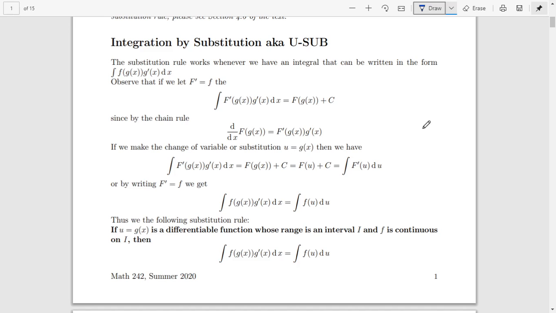If I let u be equal to g of x, then my du becomes g prime of x dx.